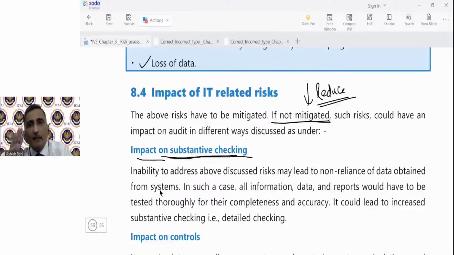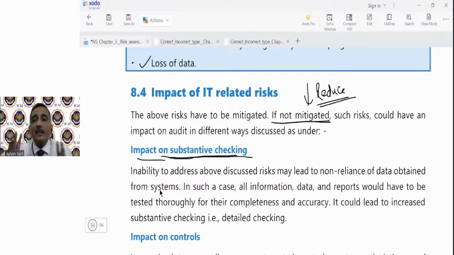So you have to remember that obtaining an understanding of the IT system is one of the parts of understanding the company. Unless an auditor gains an understanding of which IT system the company is using, say I had given you the example of ERP.